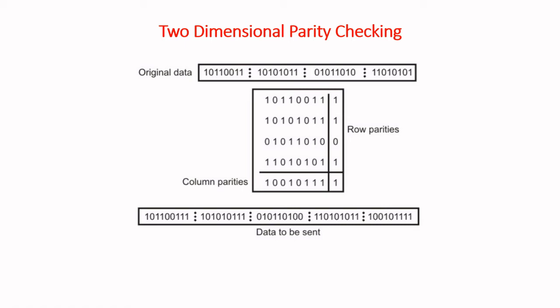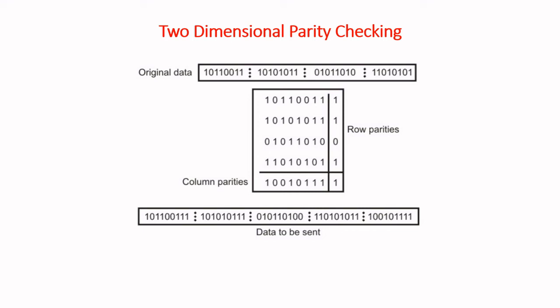Below the original data, the data is arranged, and we can see this data in the form of rows and columns. When we talk about the first row, here it is written 10110011. If we count the number of ones in this data, there are 5 ones. So if there are 5 ones, this is odd, so we have to make it even.